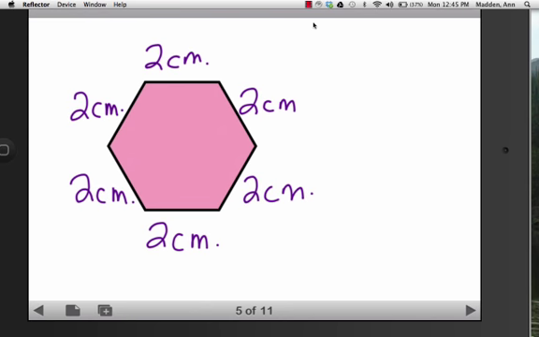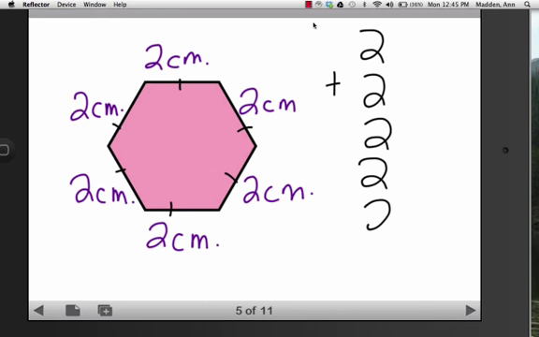Here's another shape. Do you know what shape this is? It has 1, 2, 3, 4, 5, 6 sides. This would be a hexagon. In order to find it, you need to add up all the sides. 2 plus 2 plus 2 plus 2 plus 2 plus 2.